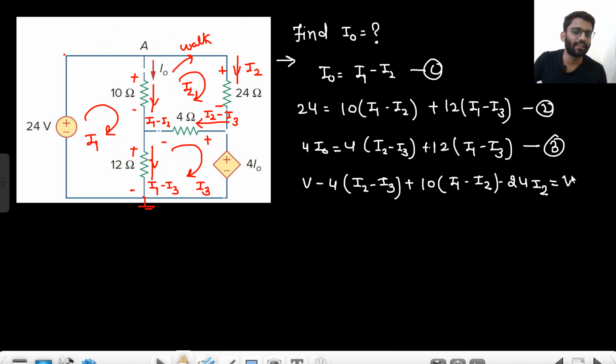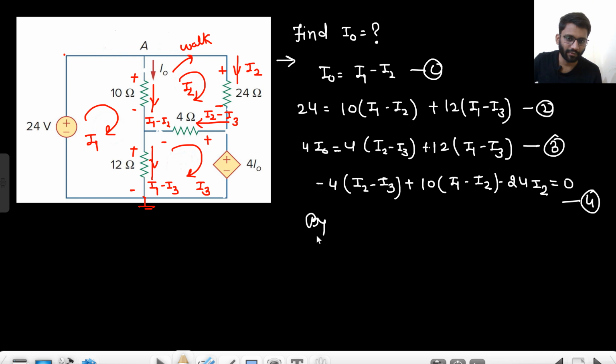What is the value of that potential? That is equals to V. So V and V will simply get cancelled. So let's just not write V. Let's just simply write equals to 0. So basically you started from here, some potential minus 4 (I2 minus I3) plus 10 (I1 minus I2) minus 24 I2 equals to 0. Okay, so that will be equation 4.